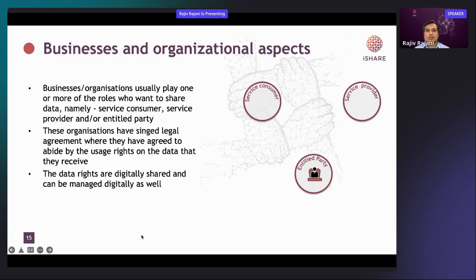And these aspects are covered under the framework, such that when participants use this framework, they can share data with each other with full confidence, and the entitled party or the data owner can digitally share and manage the rights to the data that it wants to share with the consumer.